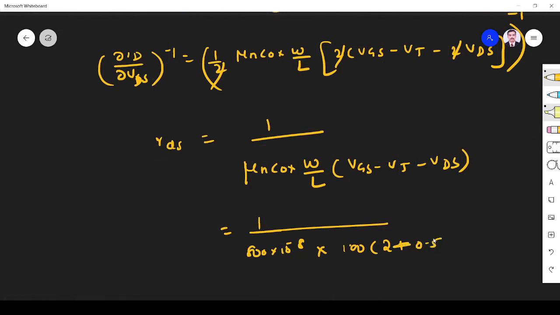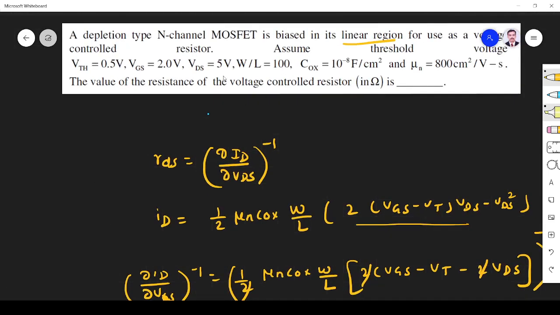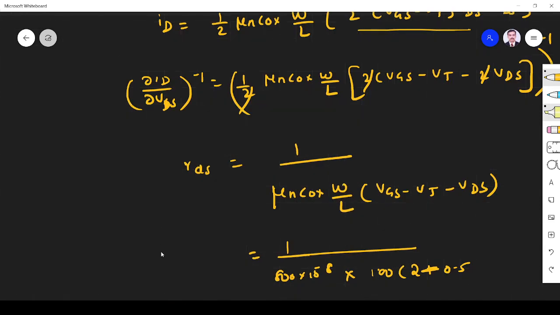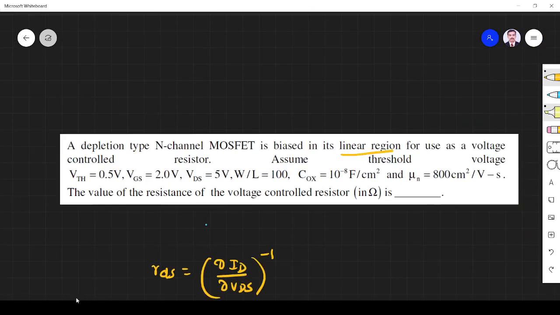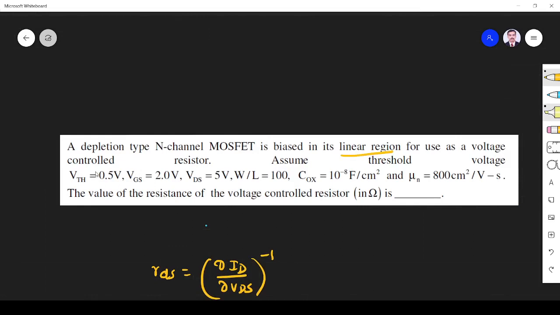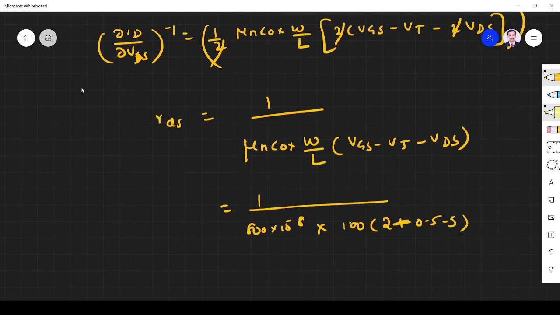VT is given in the problem as minus 0.5, note it down. So VGS minus (minus 0.5), and VDS is minus 5. If we simplify, I get 500. That is the answer.